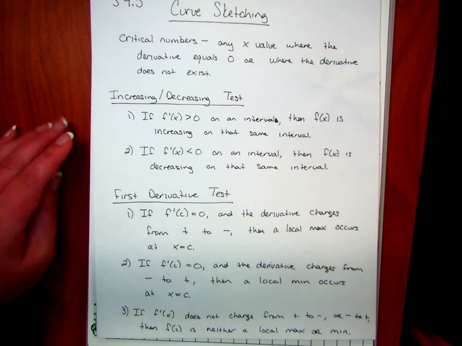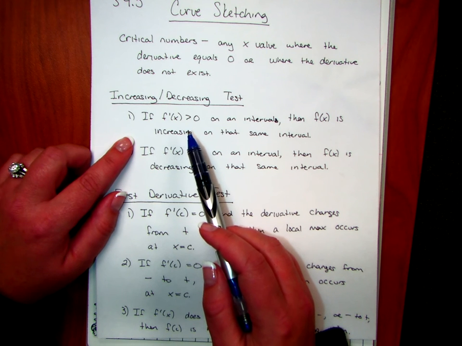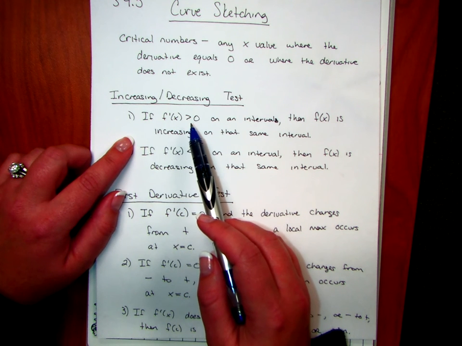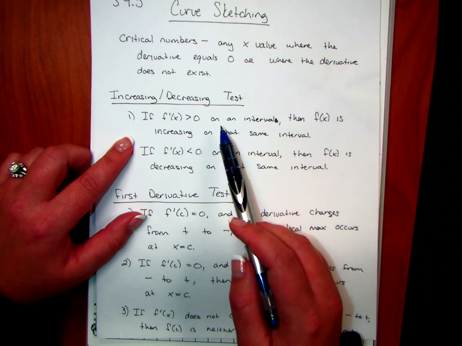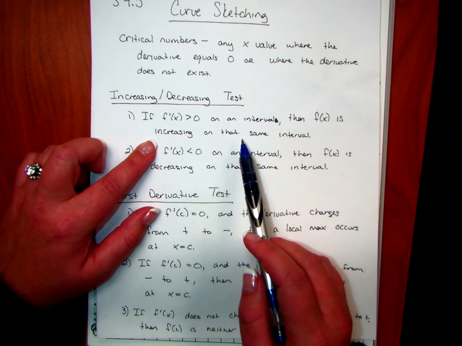Quite simply, we talked about this when we drew the graphs of the derivatives. If the derivative is greater than 0, if the derivative is above the x-axis, that means that the function is increasing on that same interval.